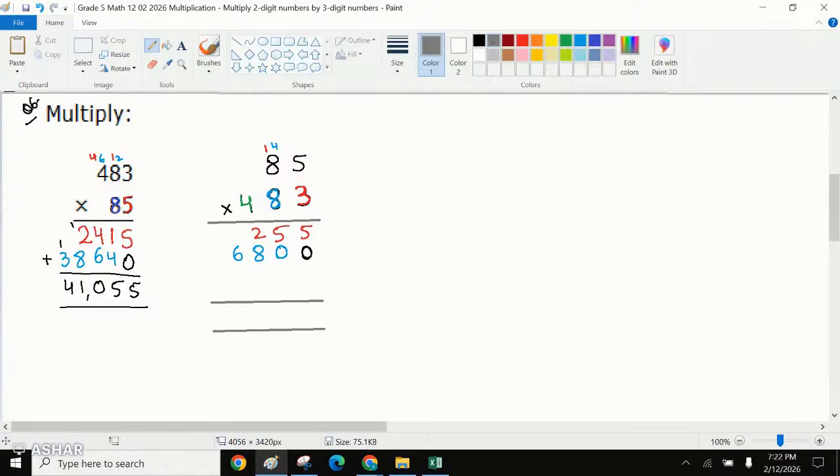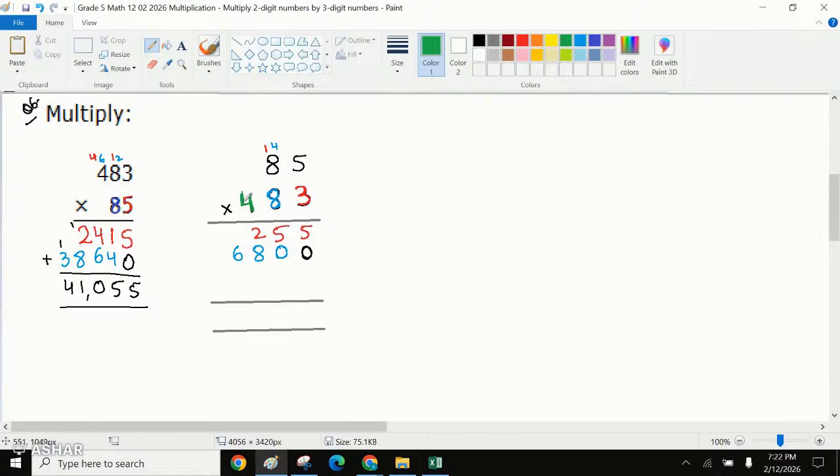Now, when we multiply the hundreds, that's why we always write the bigger 3-digit number at the top and the smaller 2-digit number at the bottom. But I have changed the sequence in this question. I wrote the 2 digits at the top and 3 digits at the bottom.